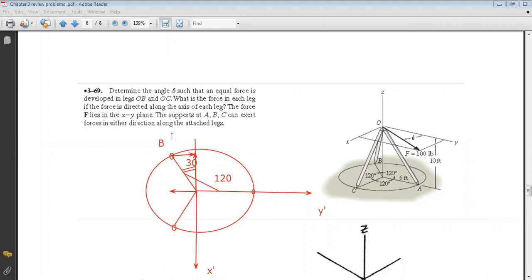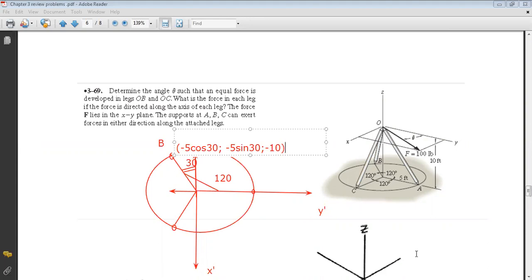So the coordinates of B are minus 5 cosine 30, minus 5 sine 30 along y prime, and minus 10.